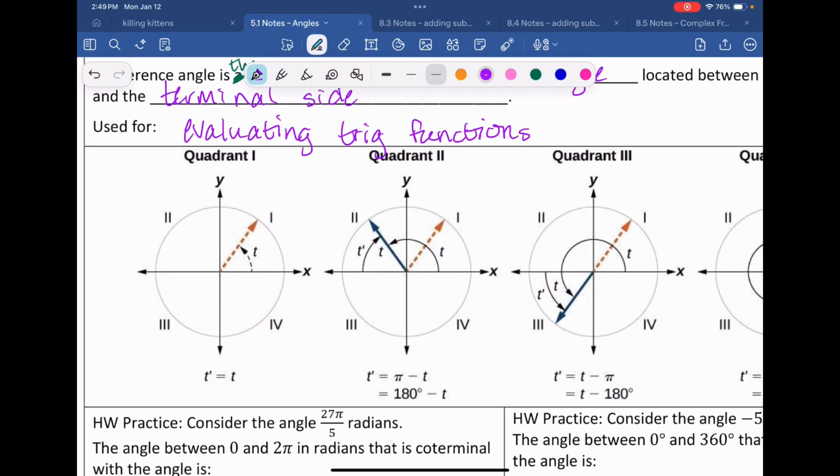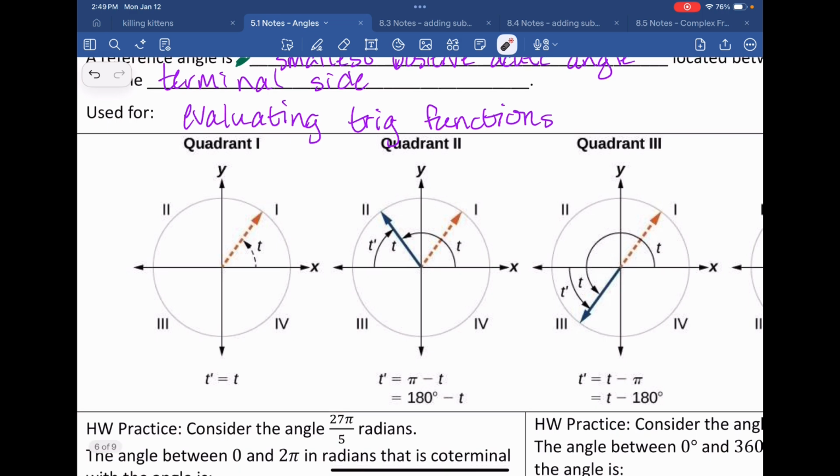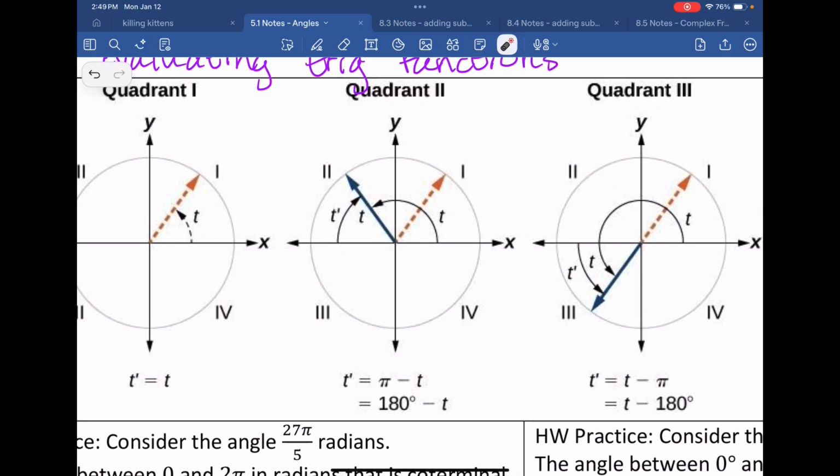So in quadrant 1, the angle itself is your reference angle. So I don't need to do anything. Prime is reference. In quadrant 2, however, here's my angle. This piece right here, the reference angle is here.